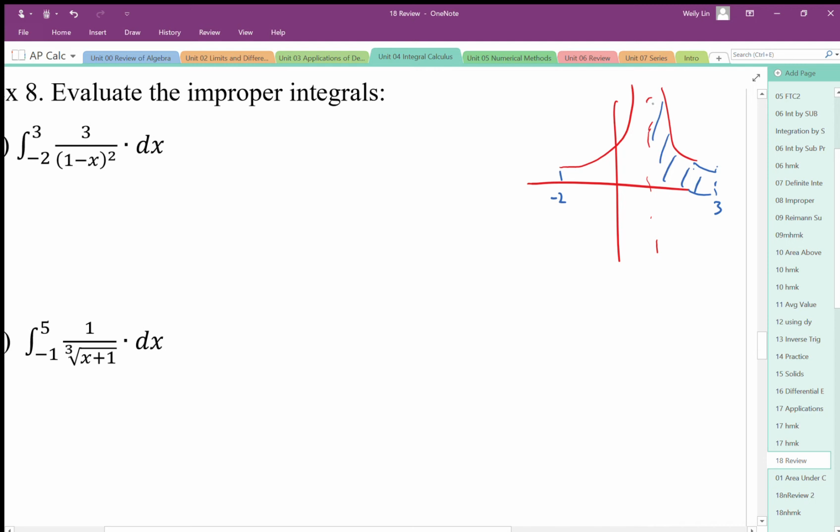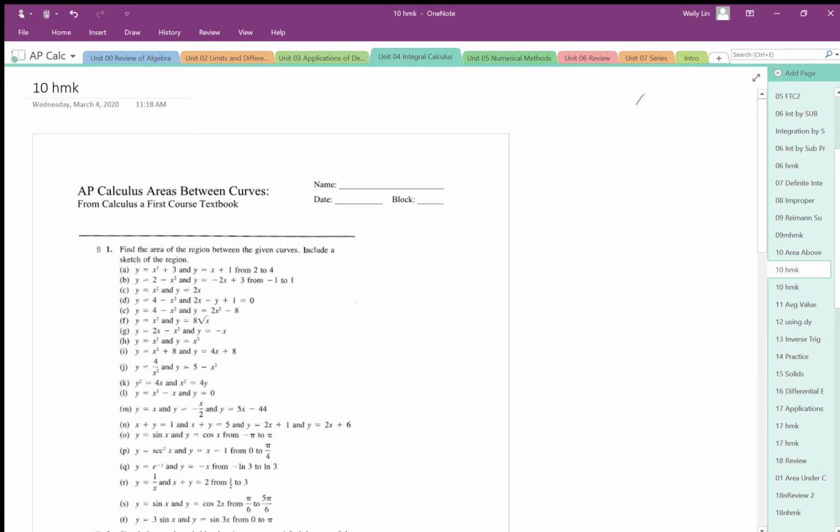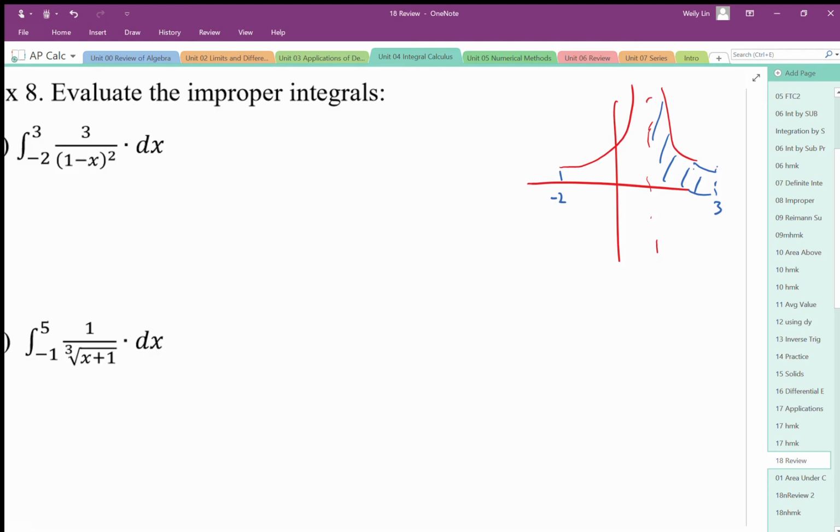I've got area on this side of the asymptote, and I have an area on this side of the asymptote. And I just have to make sure that I do those separately.